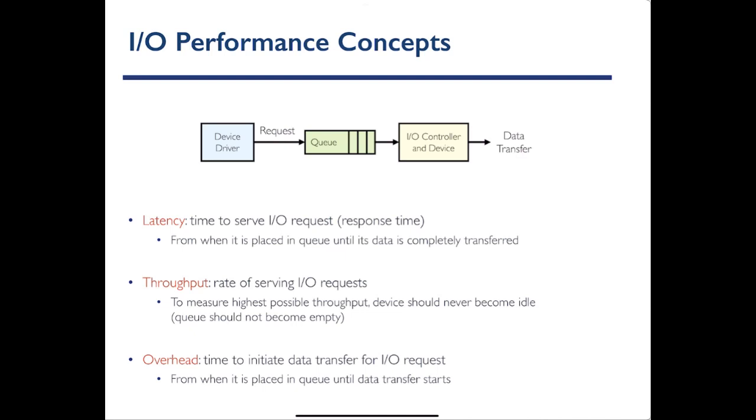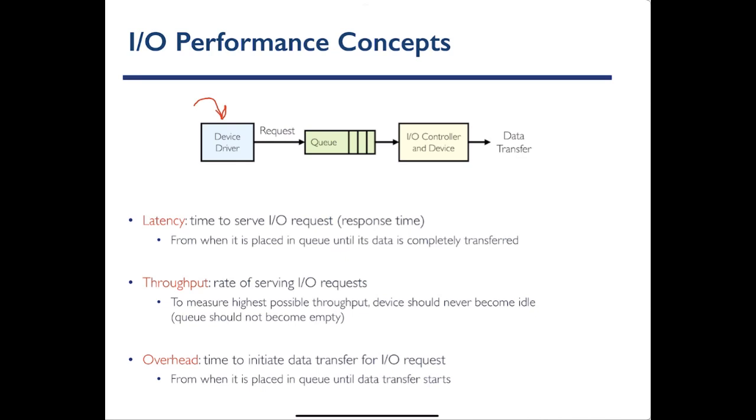Now, this is very abstract, so let's bring it down to a particular architecture. Let's assume that the source of I/O requests is the device driver. So the device driver generates requests.